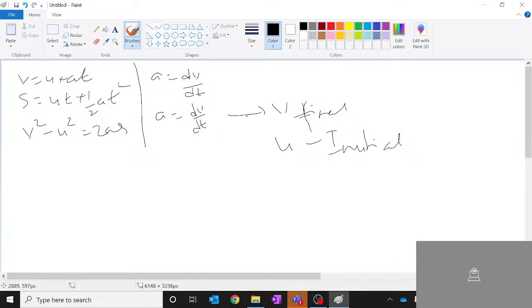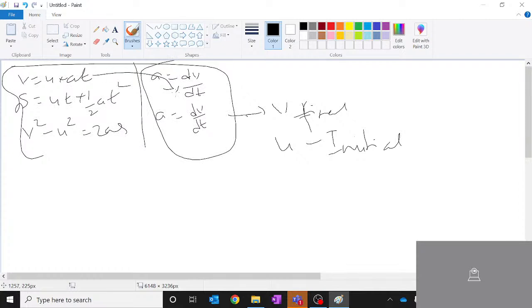Okay, s is equal to ut plus half at square. Now all these equations can be derived from these formulas. While s you'll have to take, v is nothing but ds by dt.